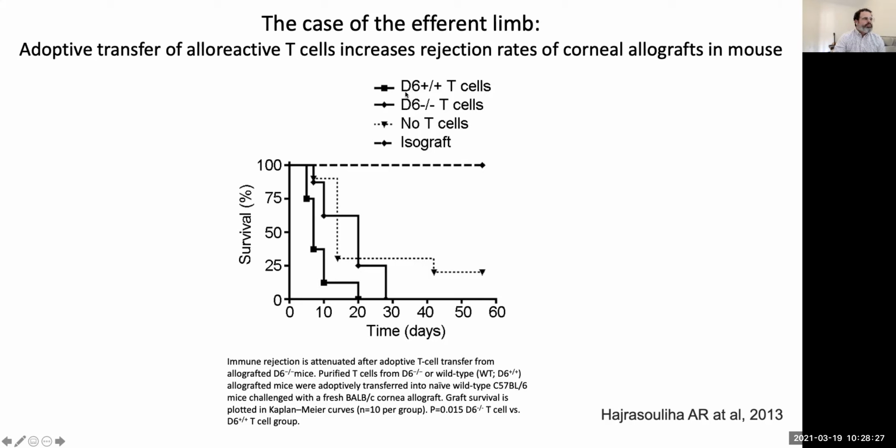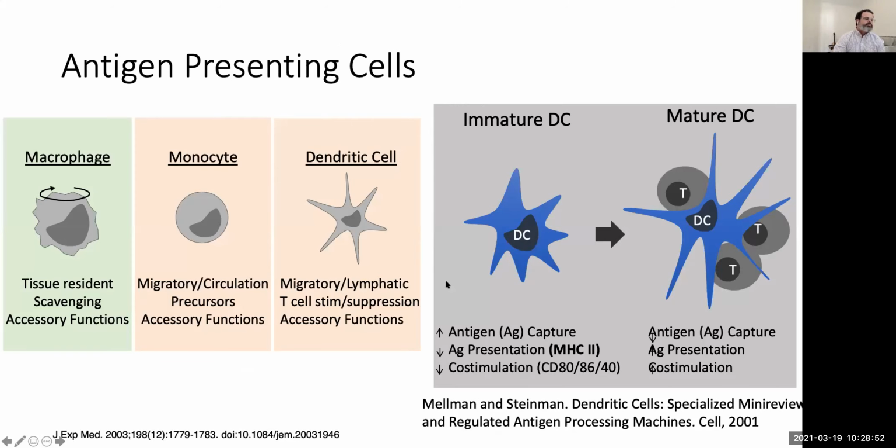So you can see in this group, it almost looks like full rejection by day 20, whereas if you didn't transplant any T cells at all, you get 25% survival. This is a bit lower than what we're used to, but you can see that there's a statistically significant difference between the two, arguing that the efferent limb, again, is intact.